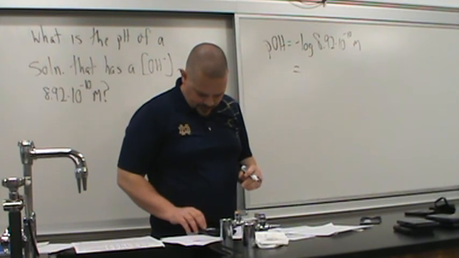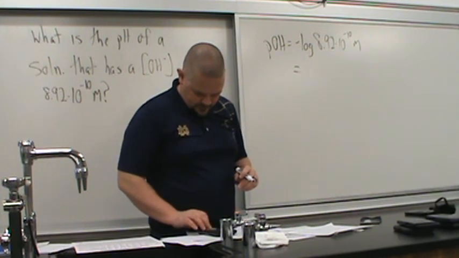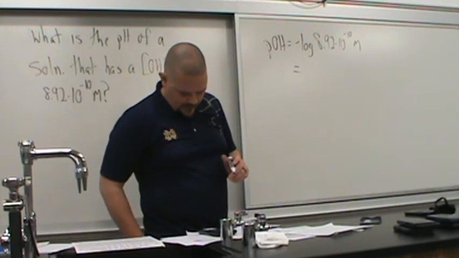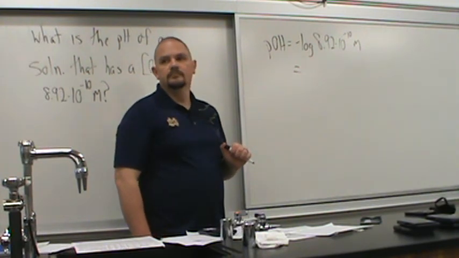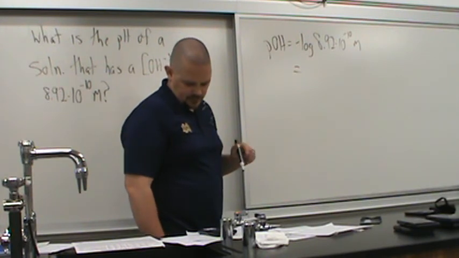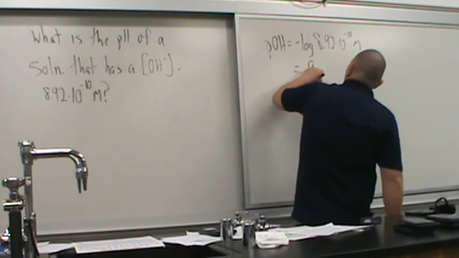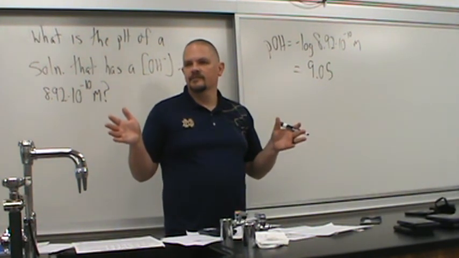Okay, so why don't you go ahead and put that into your calculator, and see what we come up with. Anybody of interested in telling me what you came up with? 9.05. Okay. pOH 9.05.